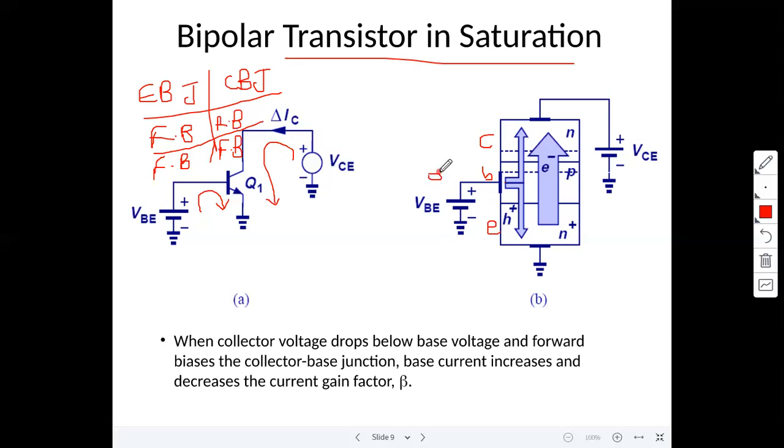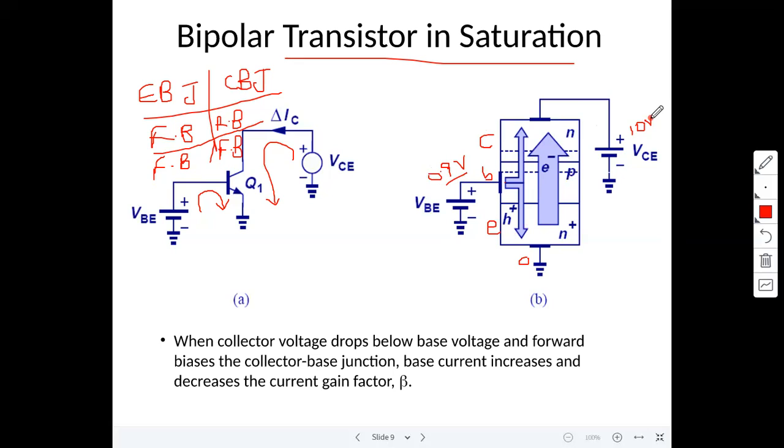Suppose the base is 0.9 volt and the emitter is 0, so this junction is forward biased. Now the collector, for reverse bias, suppose it is 10 volts. P is connected to 0.9, N is connected to 10 volts, that is reverse bias. That mode is called the active mode. So far we analyzed the transistor in active mode, where it acts as an amplifier circuit.